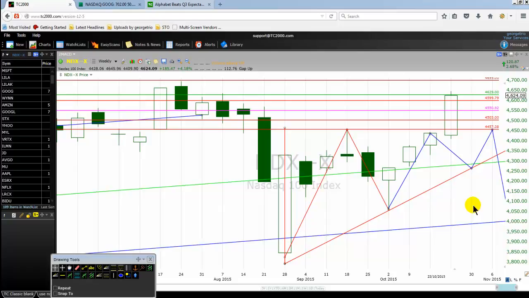irrational for traders to assume that a triangle is always a continuation pattern, because in the old days, it was like that. People will buy because everybody believed that it's a continuation pattern, and they would trade that way. But the market is now very, very sophisticated, and traders are trading differently.